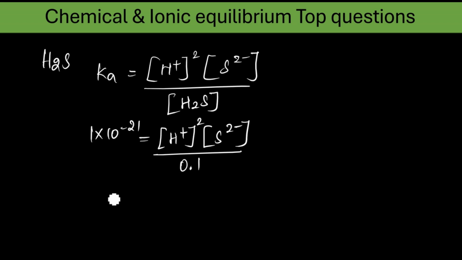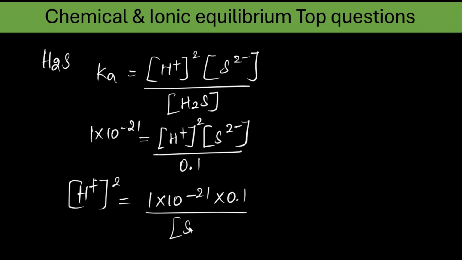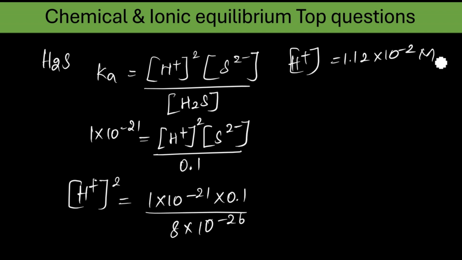So while substituting the values, or you can also do one thing, take H+ on one side: H+ squared equals 10 to the power minus 21 into 0.1 divided by S2-, where S2- is our 8 into 10 to the power minus 26. Upon solving, you will get the H+ value as 1.12 into 10 to the power minus 2 molar.